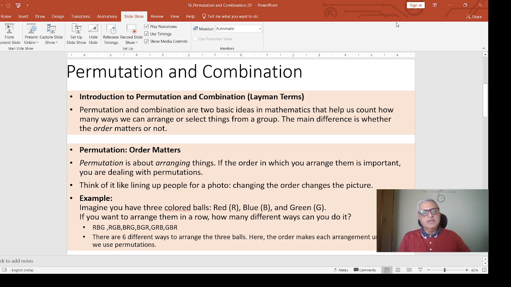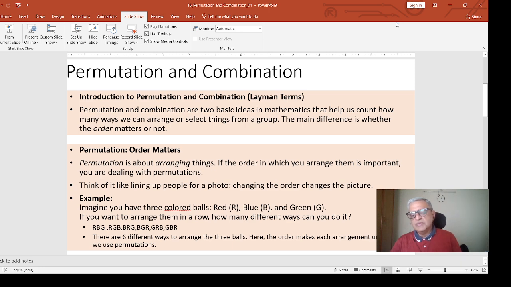This will be more clear as we go forward and look at different scenarios, different examples of both permutation and combination. So let's first understand what permutation is. Permutation is about arranging things. When you arrange things, order does matter.